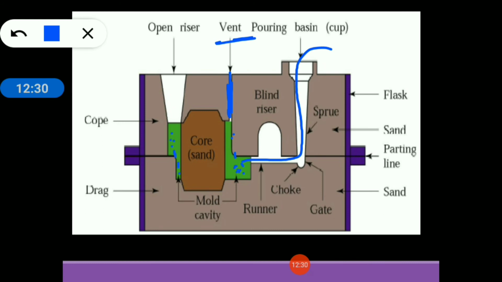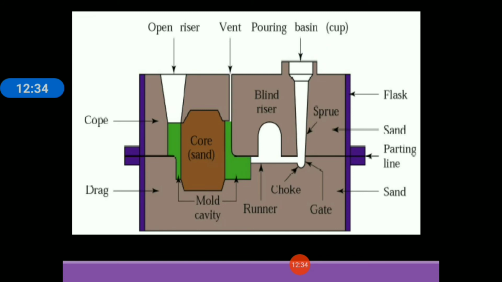Then due to the moisture, gases are evolved, and if these gases do not escape outside from this cavity, then due to the pressure of the evolved gases, there may be a chance to destroy your mold, and if your mold is destroyed, then your product will not be sound, you will get a defect. So whatever gases are evolved inside this cavity can escape from this mold.